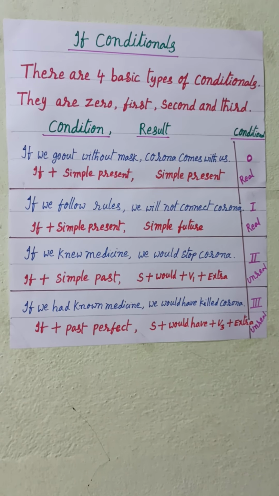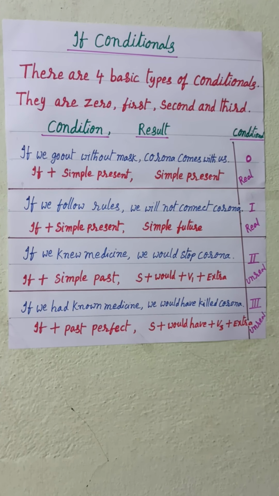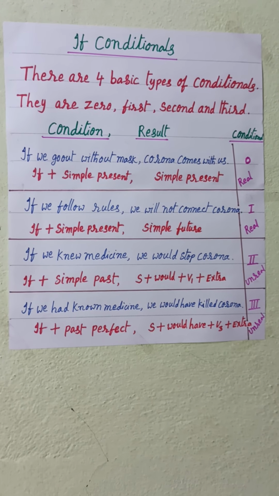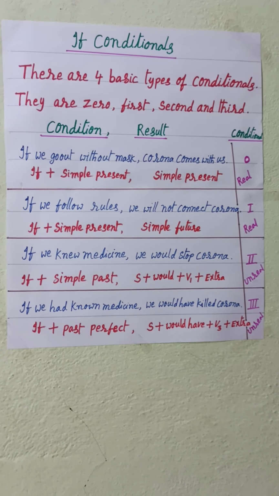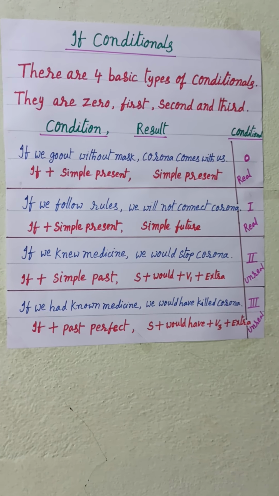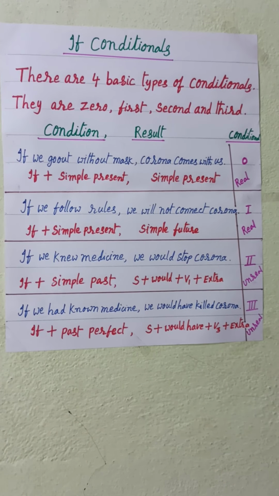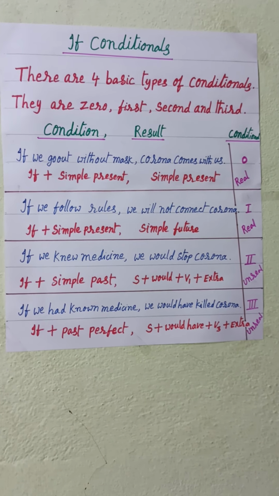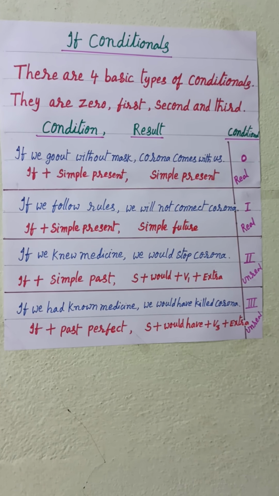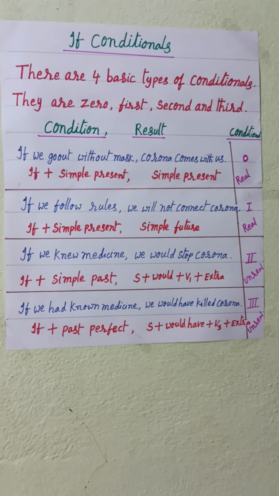Here, we need not write comma in the middle of them. It is also correct. But we don't use comma if we write first result and second condition.